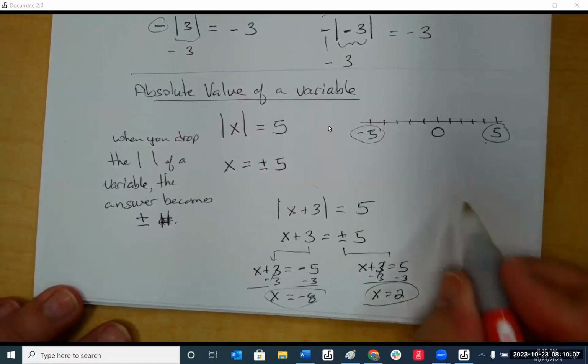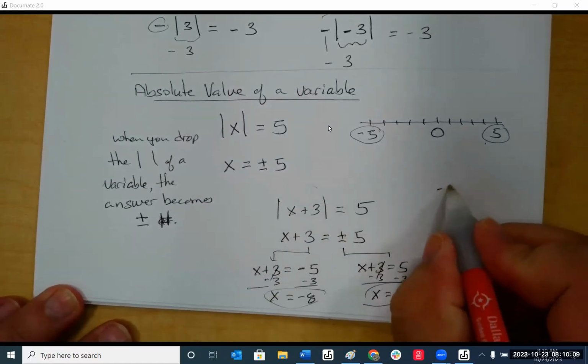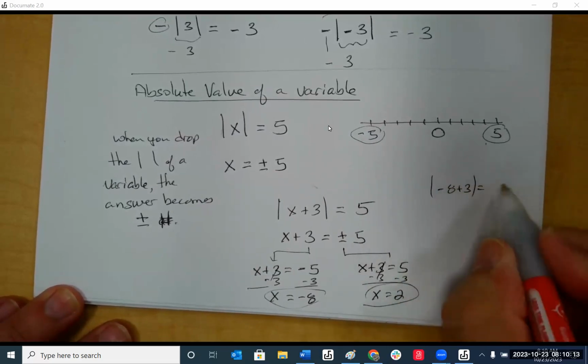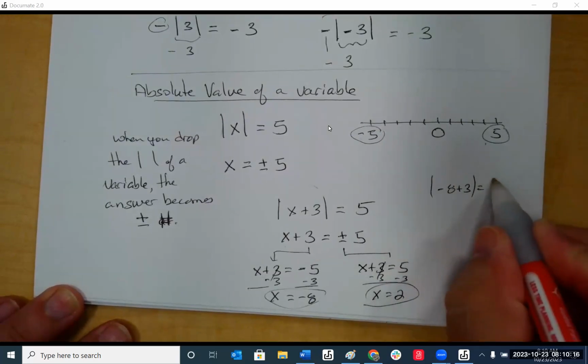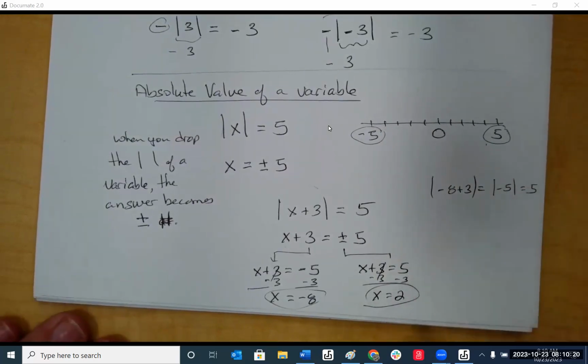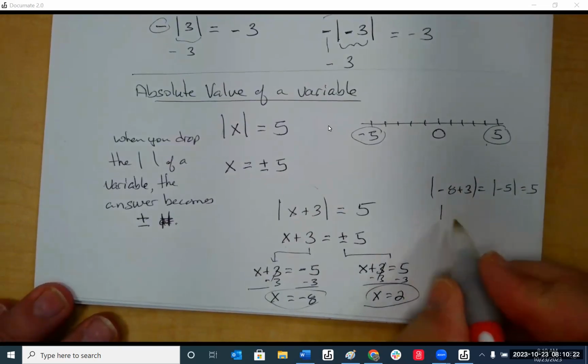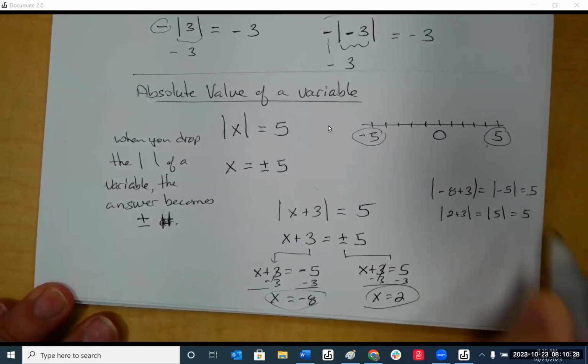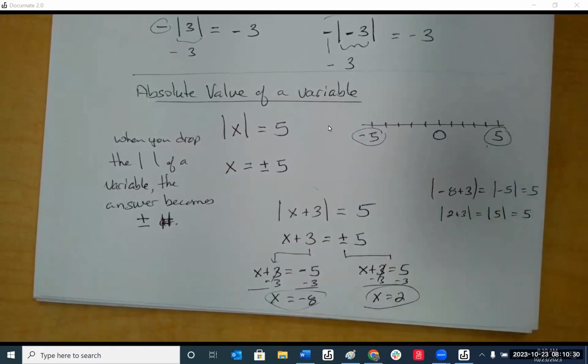And we can check it. Negative 8 plus 3, absolute value. Negative 8 plus 3 is negative 5. Absolute value is 5. 2 plus 3 equals 5. Drop the absolute value sign, and there you have it.